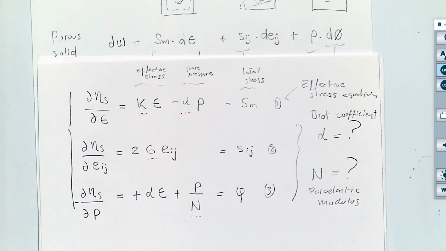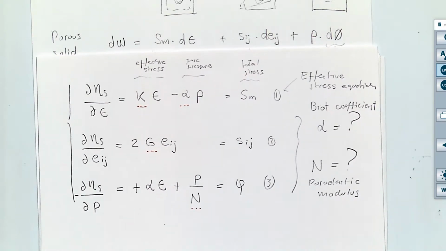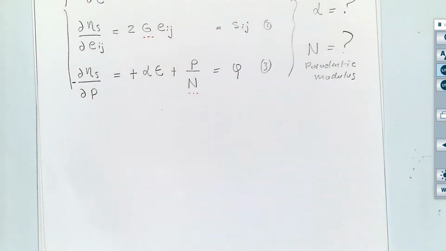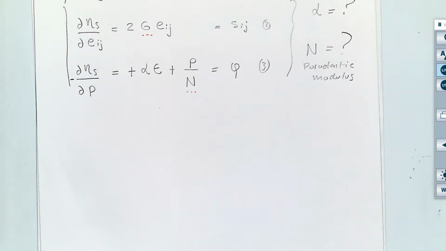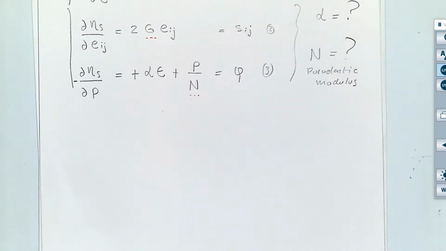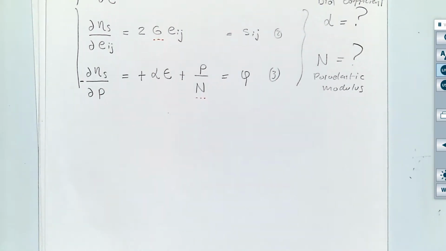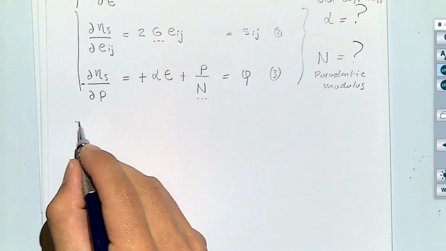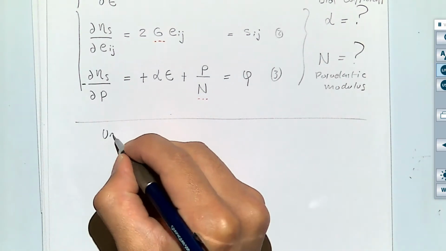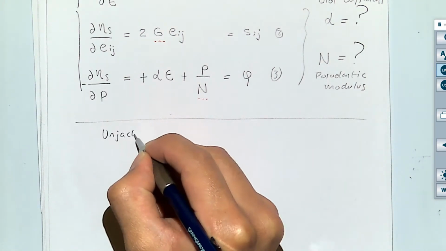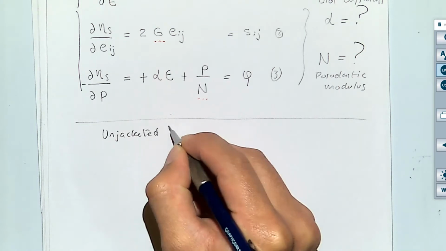Okay, so let's see how now we determine what alpha and N are. And in order to do that, we're going to do an experiment here in class in which we'll subject a porous solid to a very specific condition, something which is called unjacketed loading.